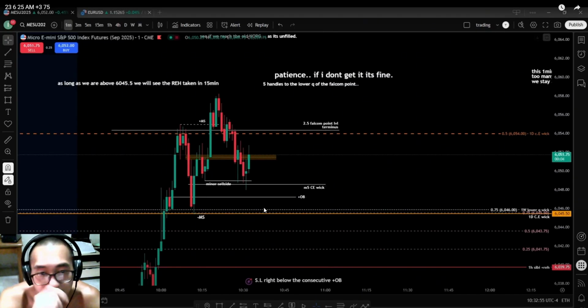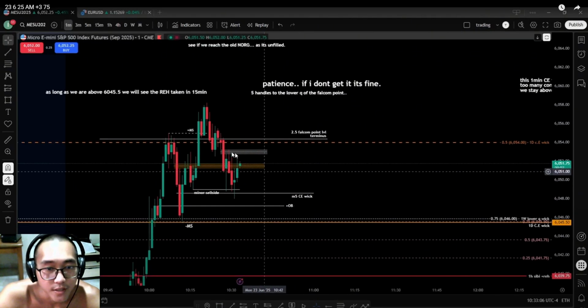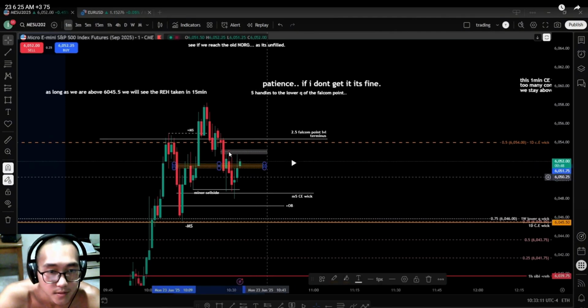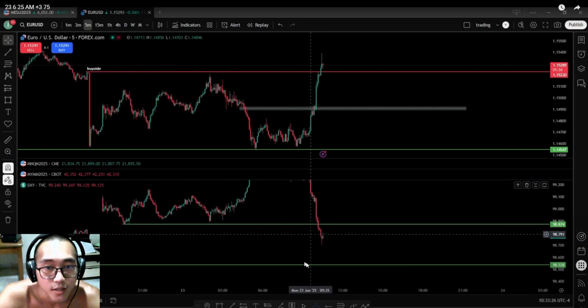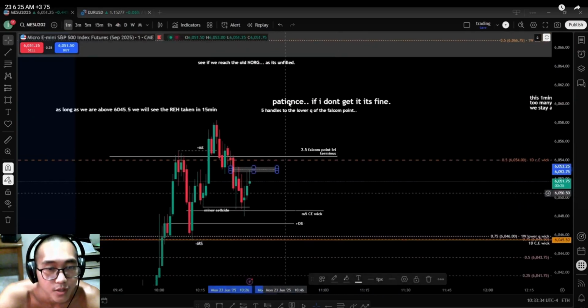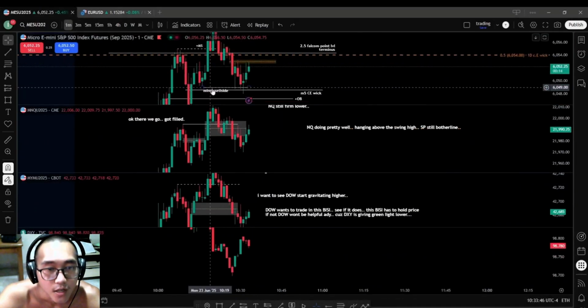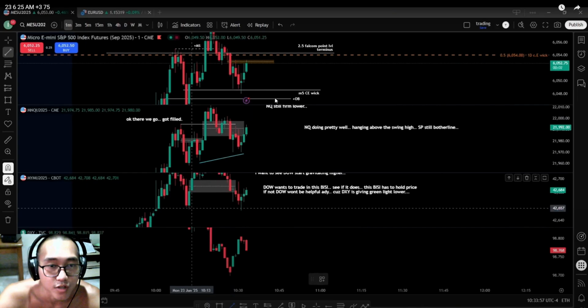So minor sell side cleared. I want to see how price is going to react in this CB. Does it hold resistance again? Right now the dollar looks like it's going lower and forex going higher also. Again, we are bullish on the dollar on the higher time frame chart, so try to expect a bullish reaction. Try to not go against your higher time frame analysis.